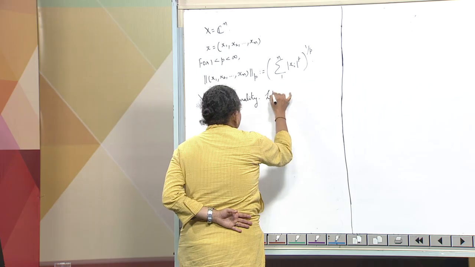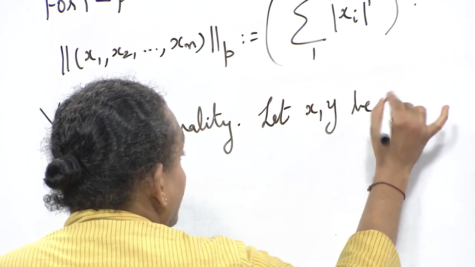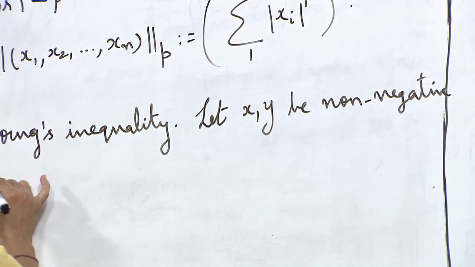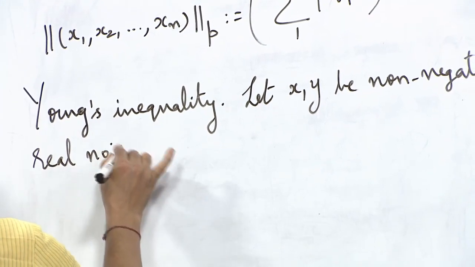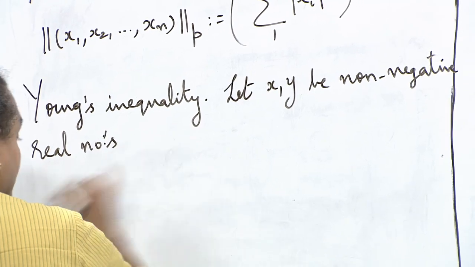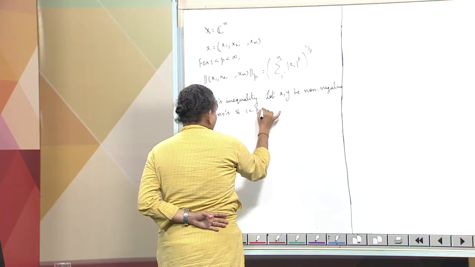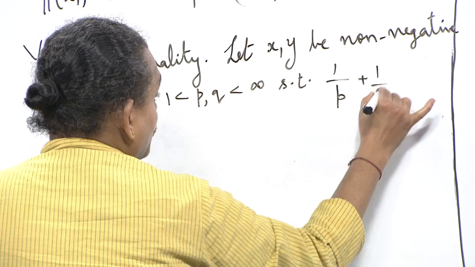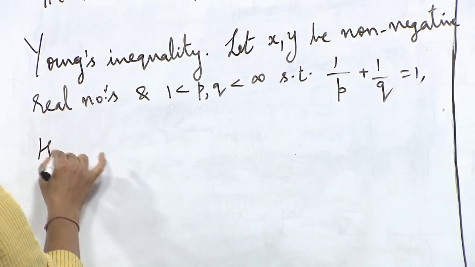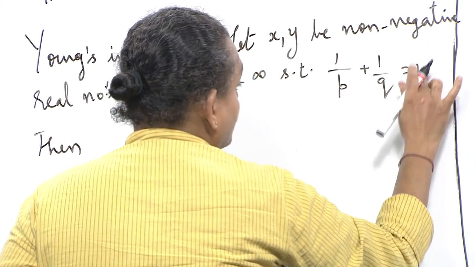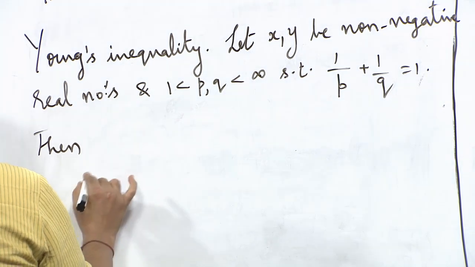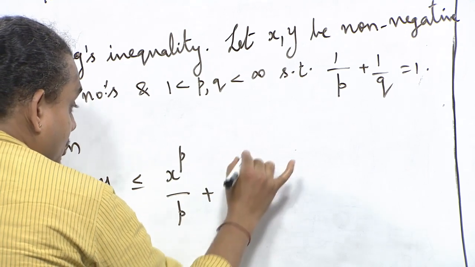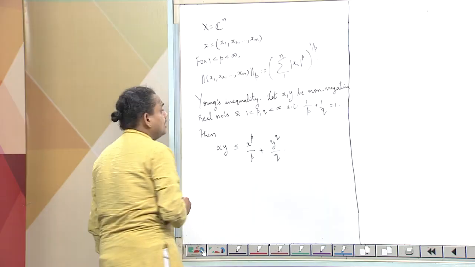If you have two non-negative real numbers x and y, and 1 less than p, q less than infinity, such that 1 by p plus 1 by q is 1, then xy is less than or equal to x raised to the power p upon p plus y raised to the power q upon q. So, this was the inequality that we stated.